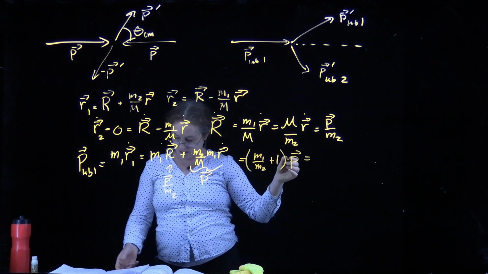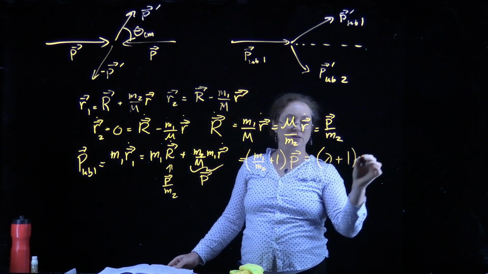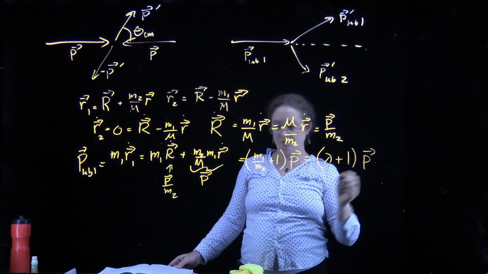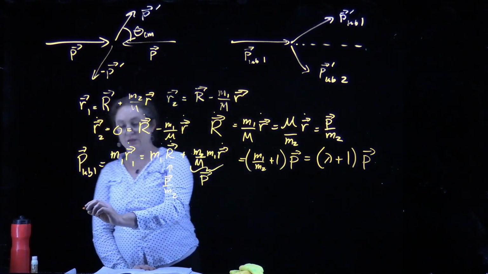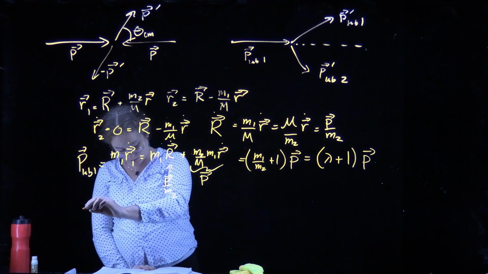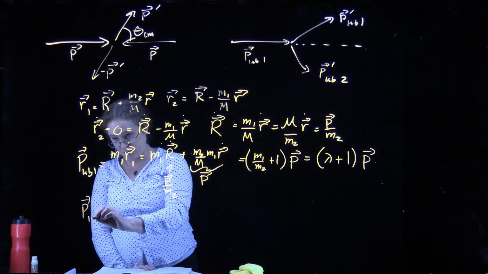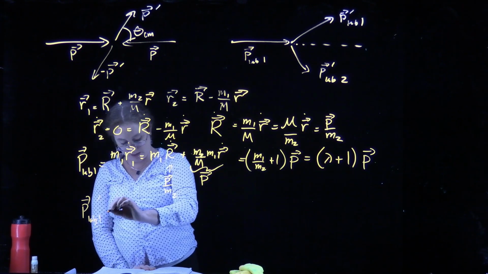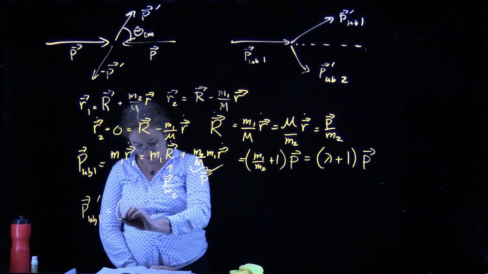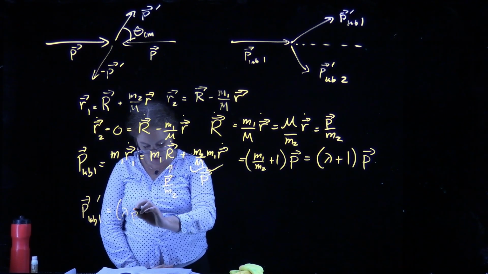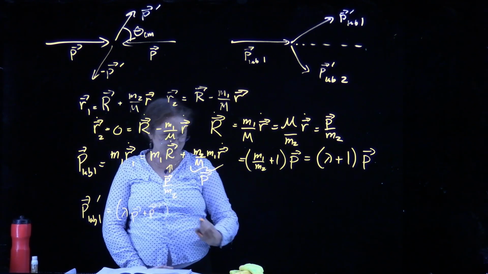And we are going to use this to define the variable lambda. We call this lambda plus 1 p in the lab frame. And in the lab frame, P lab 1 prime is going to be lambda p plus p prime.